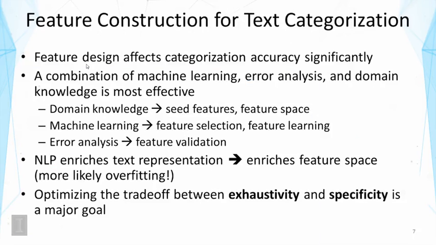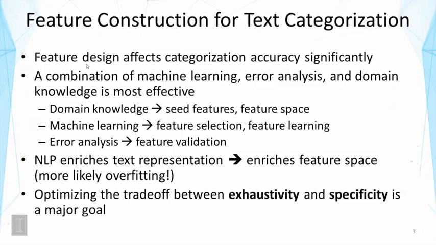So in general, feature design actually affects categorization accuracy significantly, and it's a very important part of any machine learning application. In general, I think it will be most effective if you can combine machine learning, error analysis, and domain knowledge in designing features. So first, you want to use domain knowledge, your understanding of the problem, to design seed features. And you can also define a basic feature space with a lot of possible features for the machine learning program to work on.